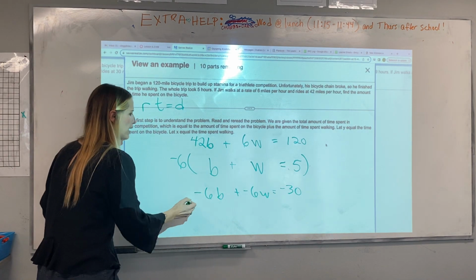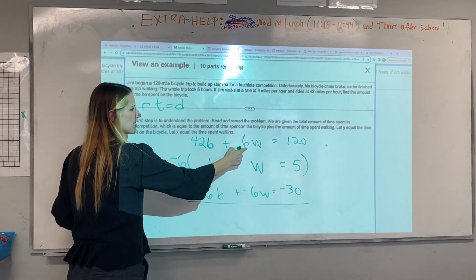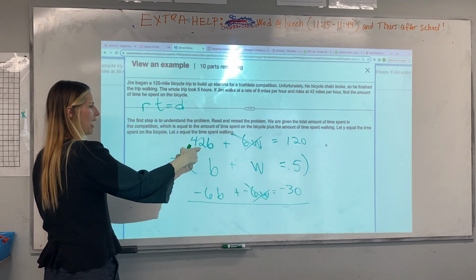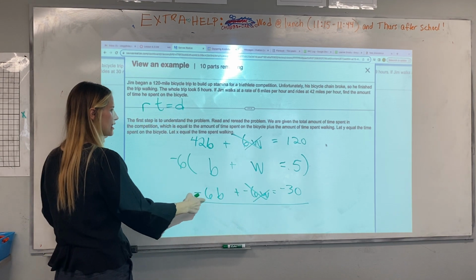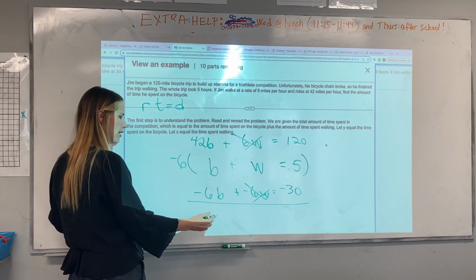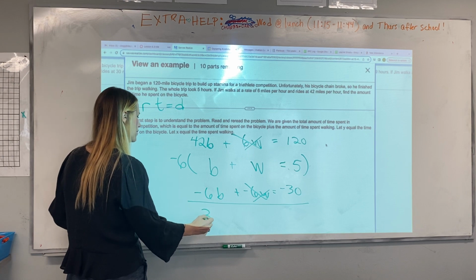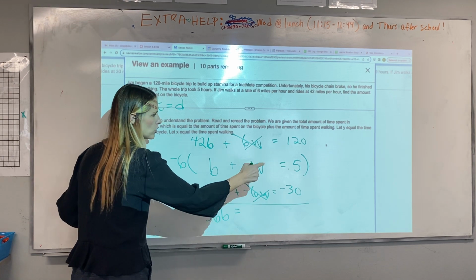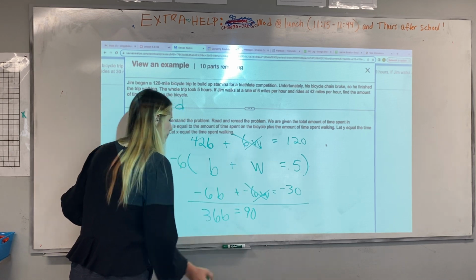Now this positive 6W and this negative 6W are going to cancel out. And I'm going to get my 42B plus my -6B would be 36B equals, and then 120 minus 30 would be 90.